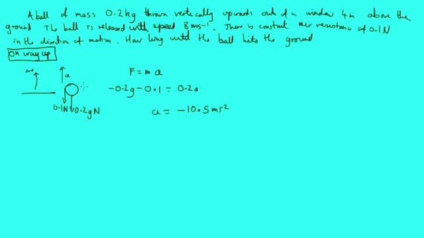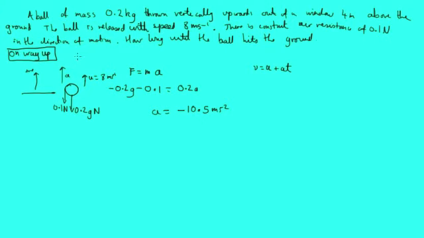Now, the initial velocity in this direction, u, is going to be 8 meters per second. So we're going to use v equals u plus at to calculate the time the ball takes to go up, and then it will go up, slow down, stop momentarily and then start falling back down.